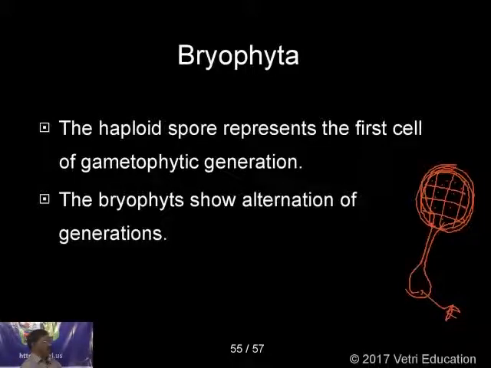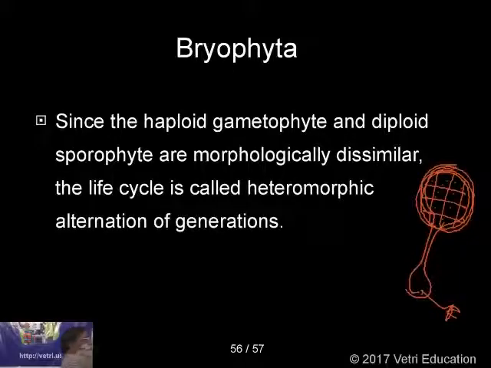Bryophytes show alternation of generations. The haploid gametophyte and diploid sporophyte are morphologically dissimilar, different in shape, size and structure, so the life cycle is called heteromorphic alternation of generation.